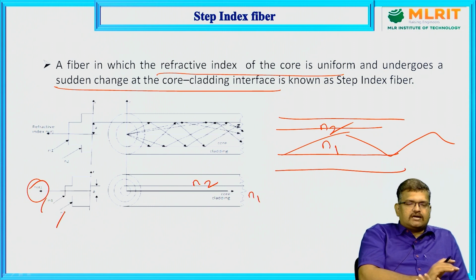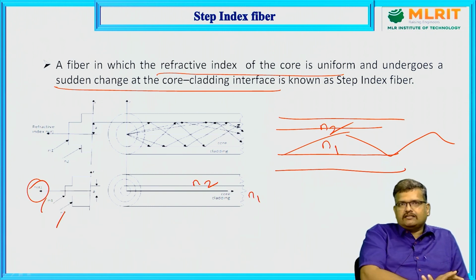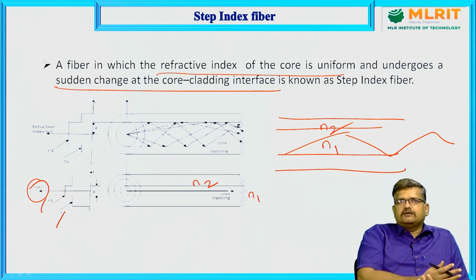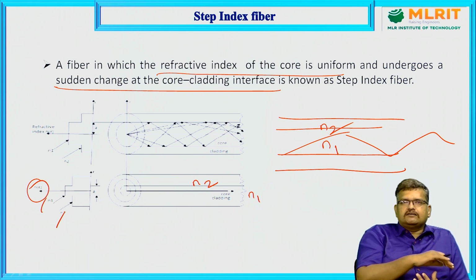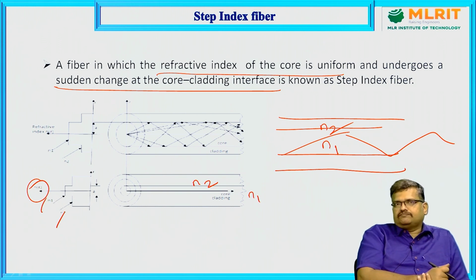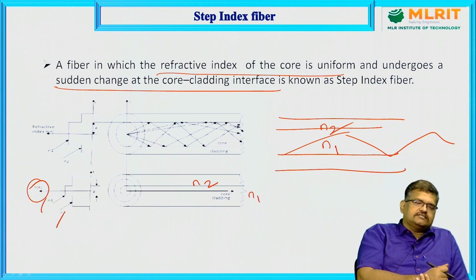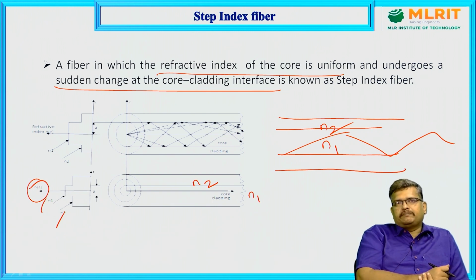Actually we should maintain the same refractive index over the entire length, but due to some sudden changes, the signal may step up and down. So this is the single mode step index fiber.